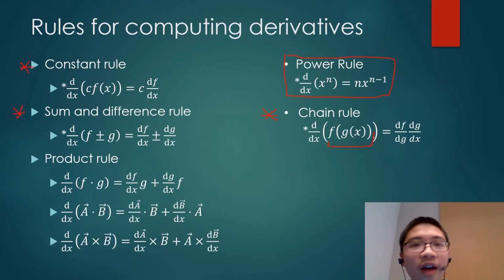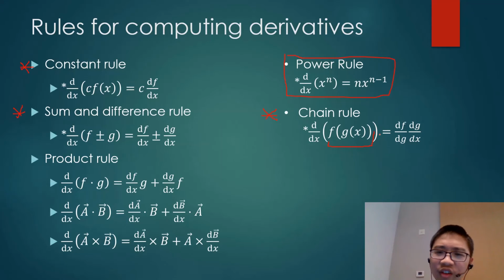Then the derivative of f is just equal to df over dg times dg over dx. We take the derivative of the outer function with respect to the inner function, and then we take the derivative of the inner function with respect to the independent variable x. That's the chain rule.